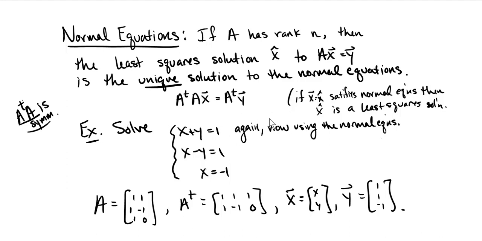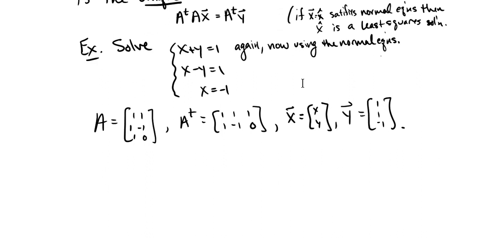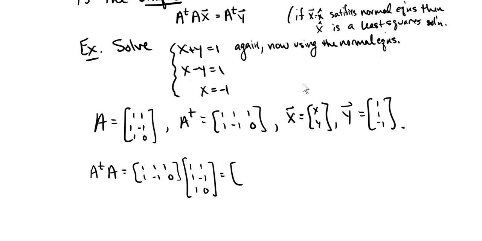Okay, so let's go on and actually do this now after all that talk about it. This is going to be pretty easy. We need to compute A transpose A. So, matrix multiplication here. When I do that, I get a 2 by 2 because this is 2 by 3, this is 3 by 2, so outer dimensions, 2 by 2.